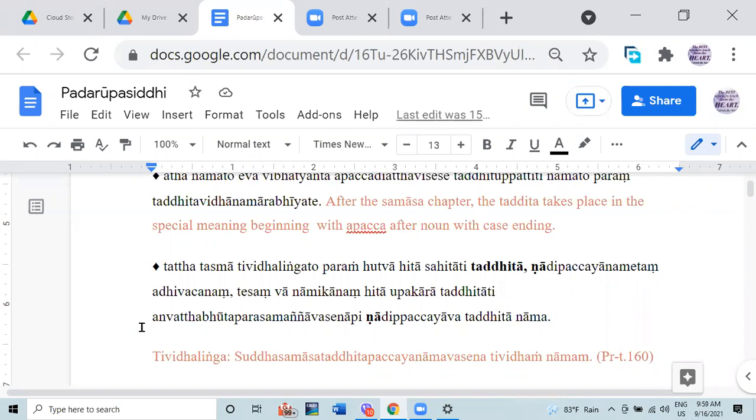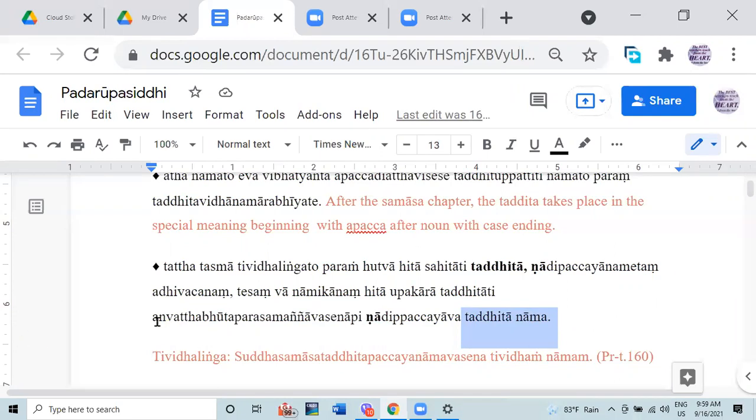Okay, Taddhita. So Anuttha Buddha Prasamanya Vasenapi Mari Bajawa Taddhita Nam. Only these suffixes and so on are called or named Taddhita.